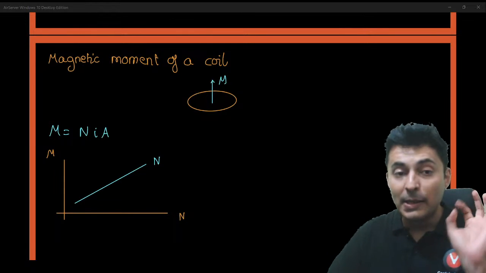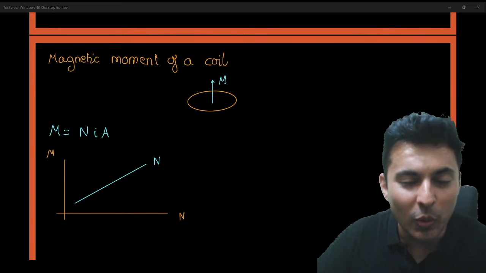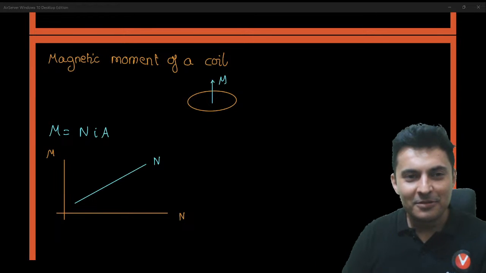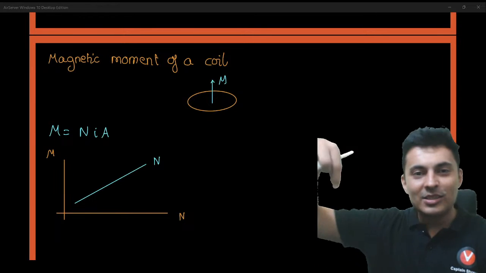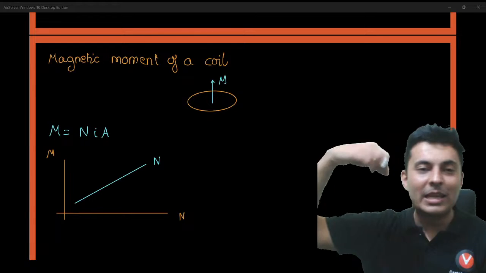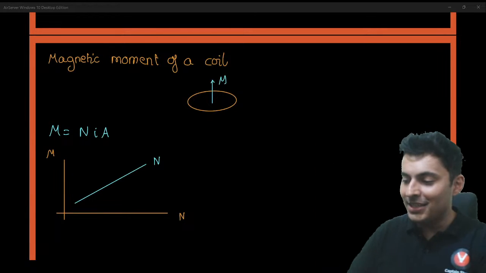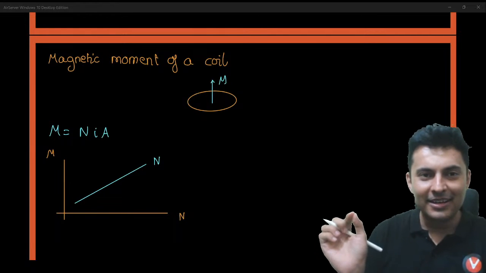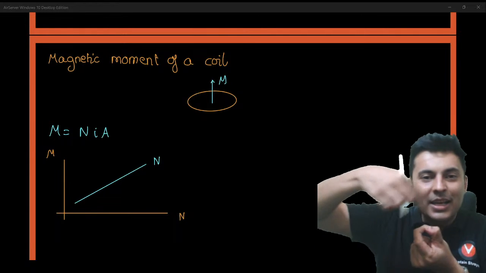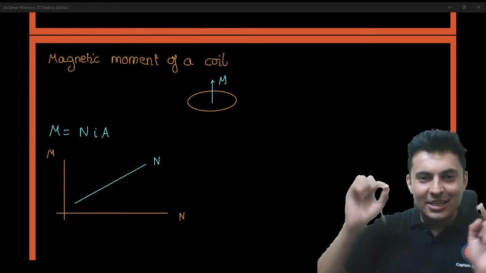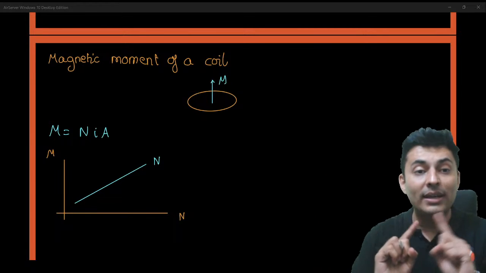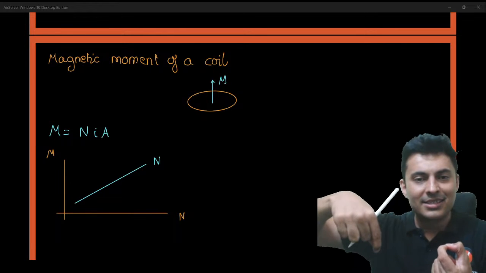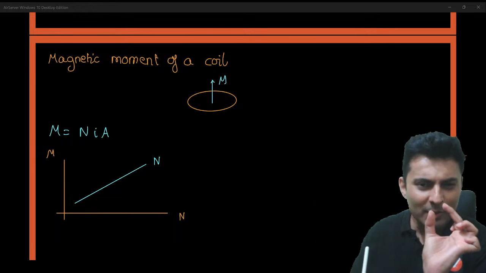But this is only true if you have sufficient wire to increase the number of turns. Imagine you have a wire and only that wire you have to wind. I can make one turn. If I make one turn, then the radius is very big. But if I make two turns, then the radius will be smaller.